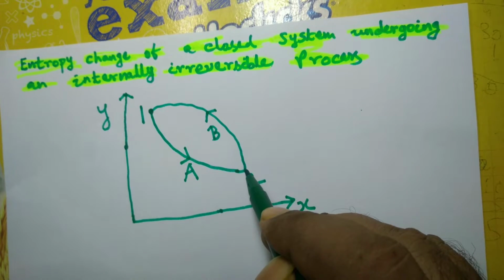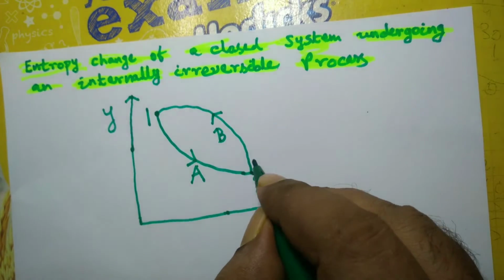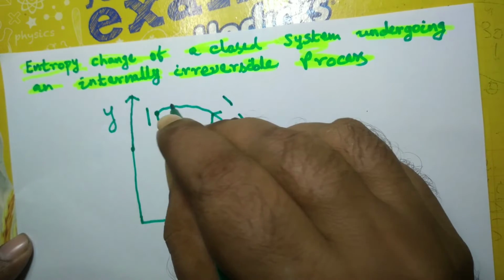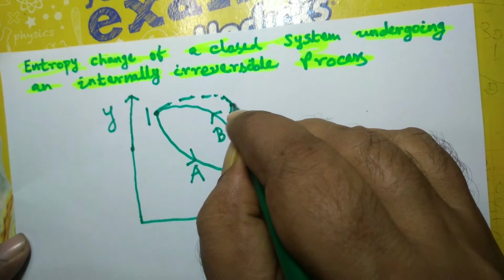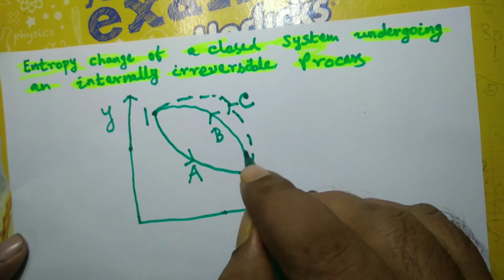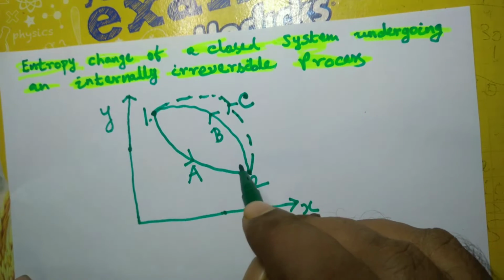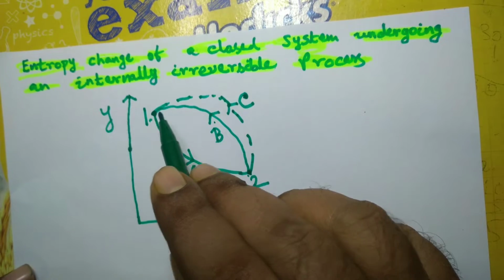Suppose from state 2 to state 1, the system can also travel through another process, which is an internally irreversible process, suppose process C. 2C1 is an internally irreversible process, but 2B1 is an internally reversible process.